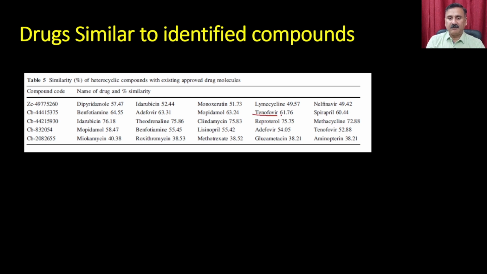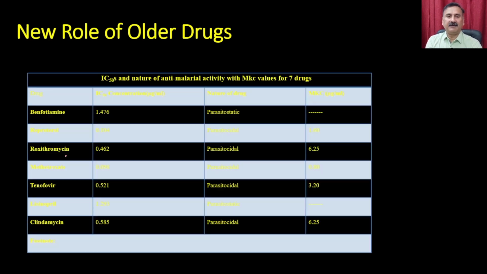These are the drugs present, and they could be alternatives to these compounds for testing their inhibitory activities. That is how we assigned a new role to older drugs, which means we said that these drugs are going to work instead of those molecules, and they can be used in the clinics. So this is all about some of the inhibitor designing approaches.